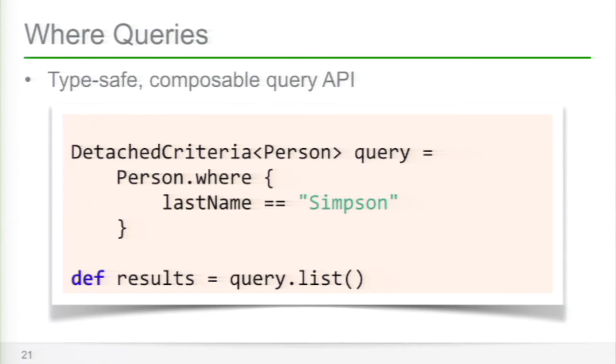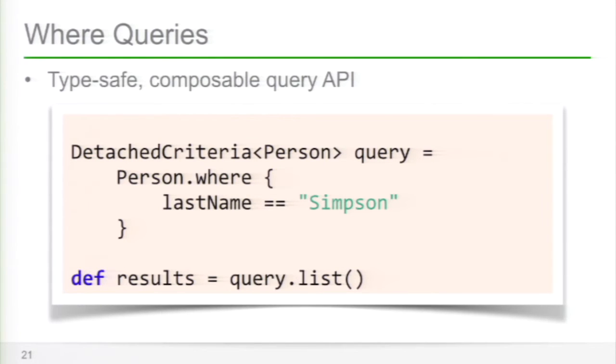They're type-safe composable queries. So basically, there's a method called where, and you pass in a closure. And in there, you just use the same kind of syntax you would if you were using Groovy's normal collection API. So you just use native operators.